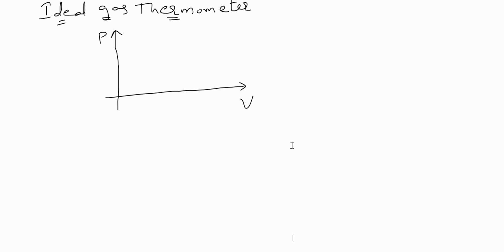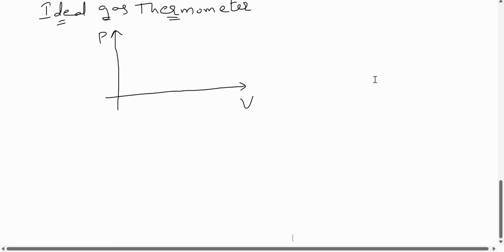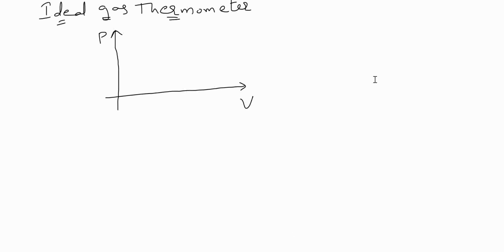We have other thermometers also, like the mercury thermometer, where as it takes more heat, the mercury expands and we get a reading. So in that case, the temperature is correlated with the expansion of mercury, and it is calibrated in that way. So that happens in the mercury thermometer.